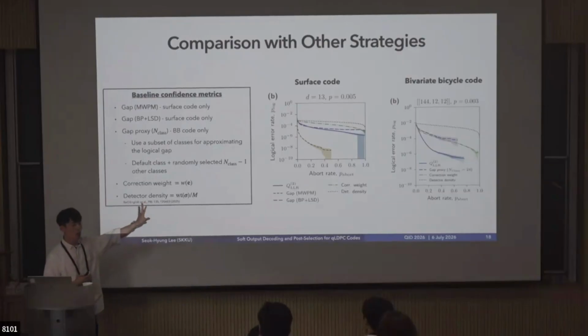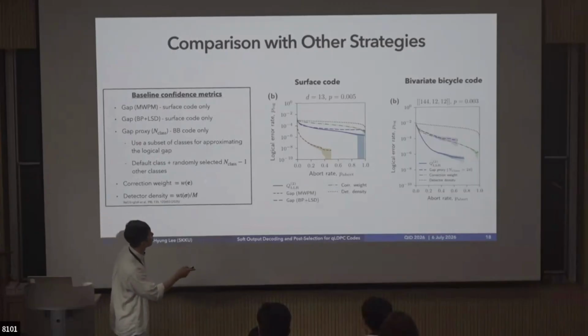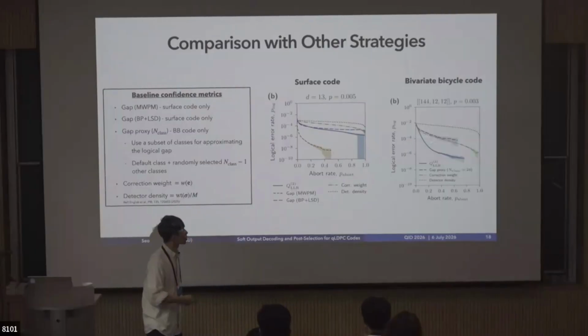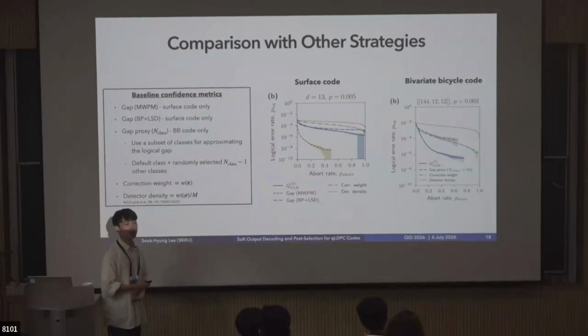I'm going to tell a little bit more about this random selection strategy in some of the later slides. It shows that for the BB code, the gap proxy method doesn't perform well at all. It's barely better than the correction weight method. This correction weight method is just post selecting based on the weight of the correction.